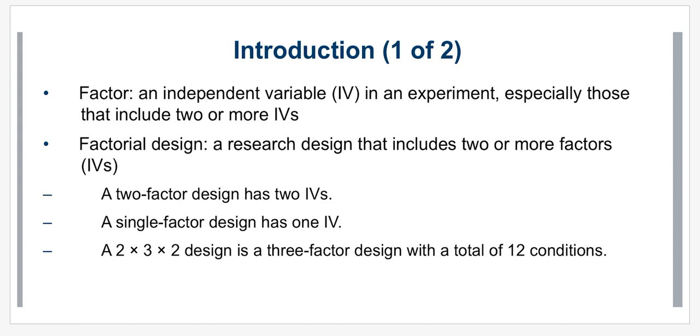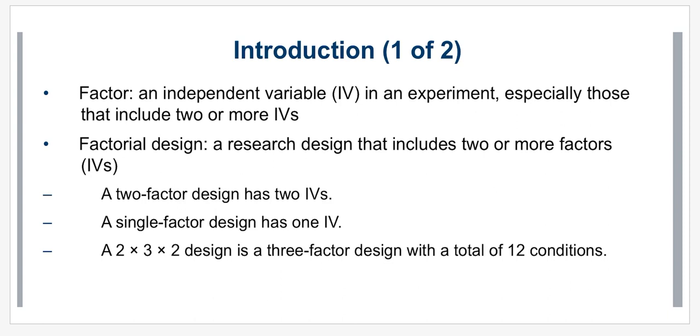Going back up to the 2-factor design, that example is the gender and violent video game example we just talked about. That is considered a 2 by 2 design. So what that means is, if you look down at the very last thing where it says 2 by 3 by 2 with the X's in between, that is what I'm saying by for.